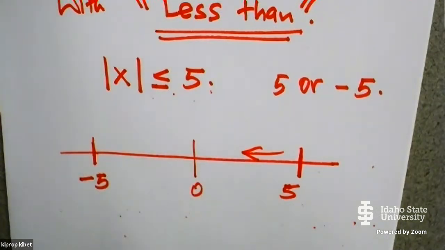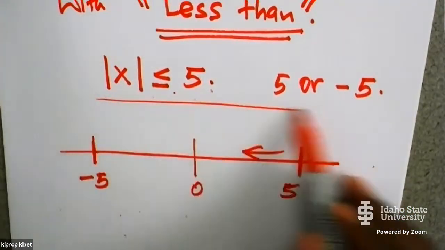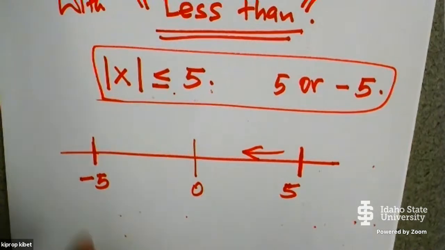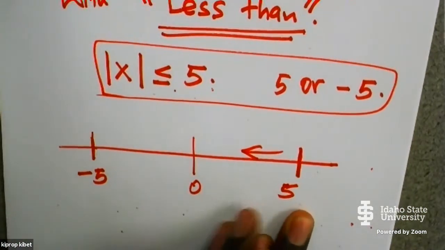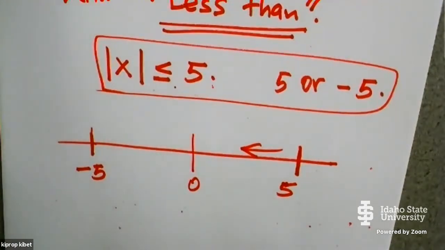Okay, so they are all satisfying this value here. All right, so they are within the minus 5 and 5. So we'll see how we are going to now switch the signs.